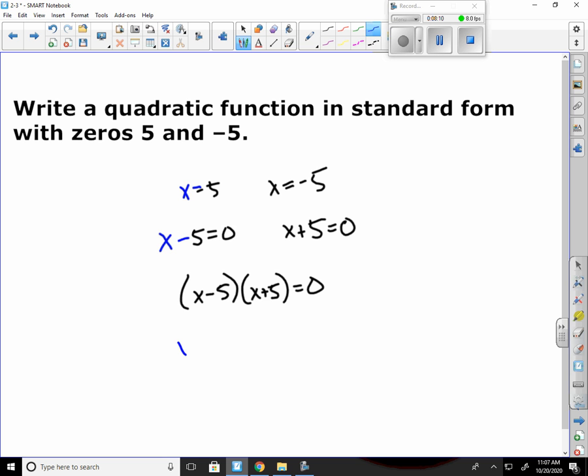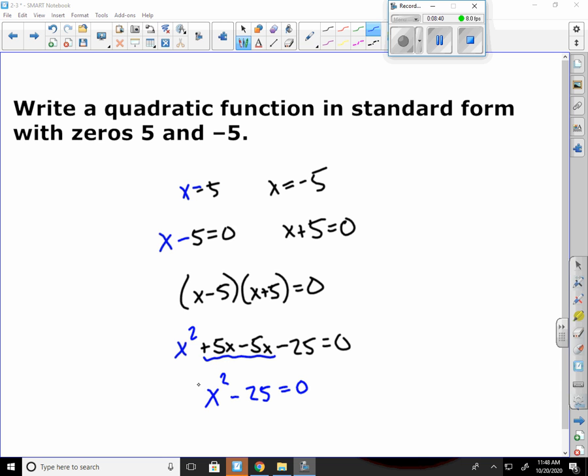x times x is x squared. x times 5 is 5x. Inside, -5 times x is minus 5x. And -5 times 5 is -25. In the middle, 5x minus 5x gives me 0x. So that cancels these middle terms out.